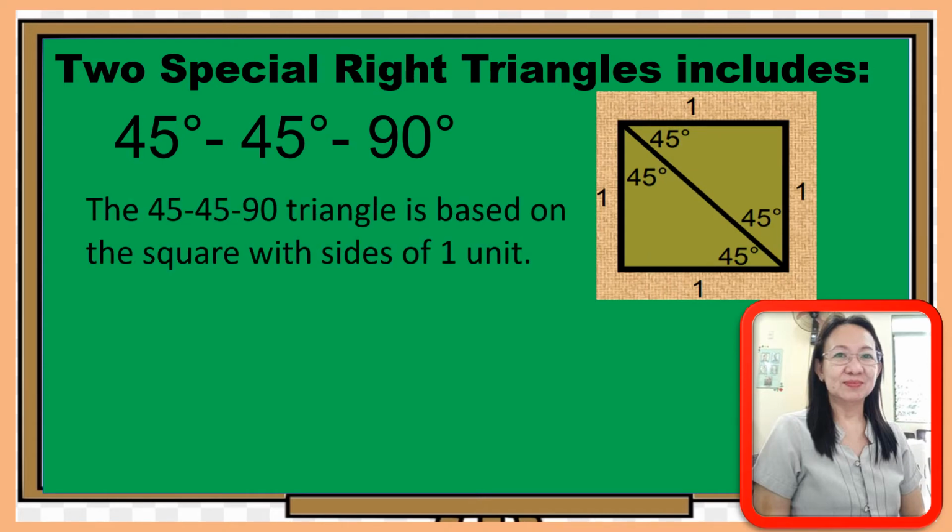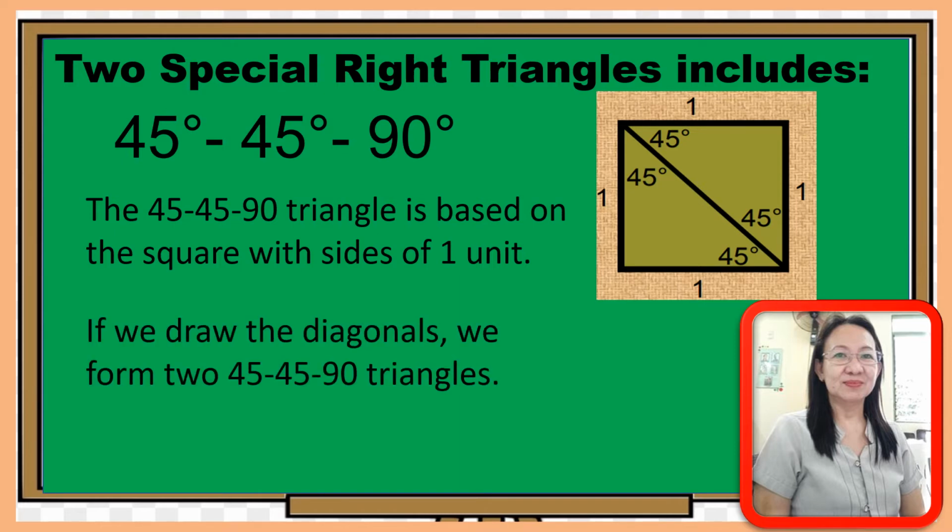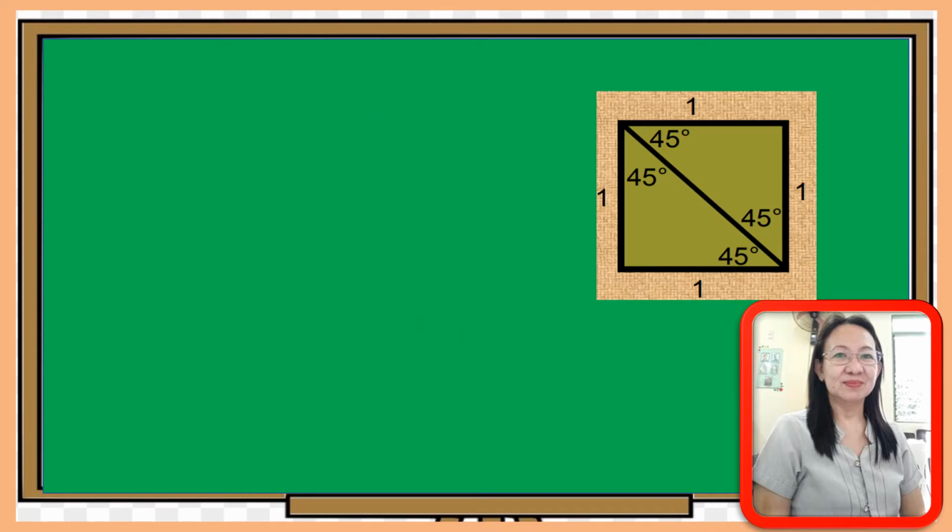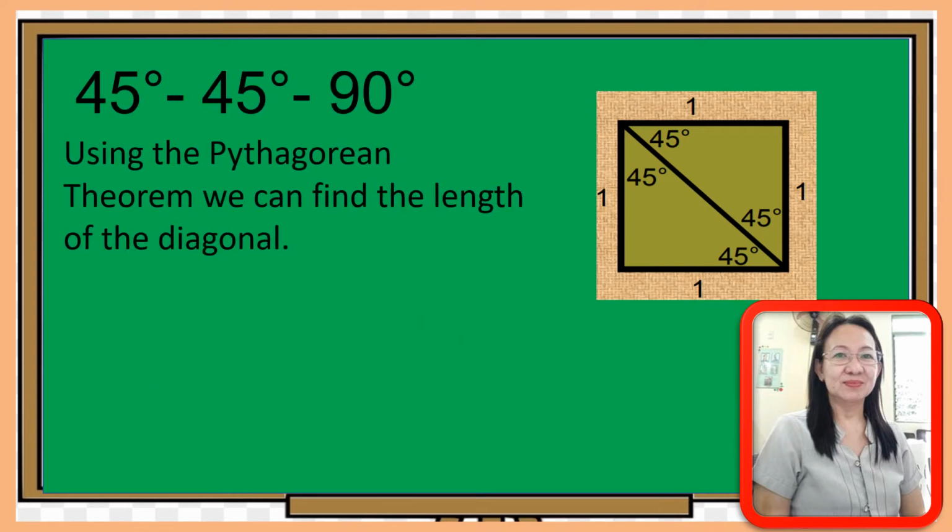The 45, 45, 90 triangle is based on the square with sides of 1 unit. So if we draw the diagonals, we will form two 45, 45, 90 triangles. Using the Pythagorean Theorem, we can find the length of the diagonal.